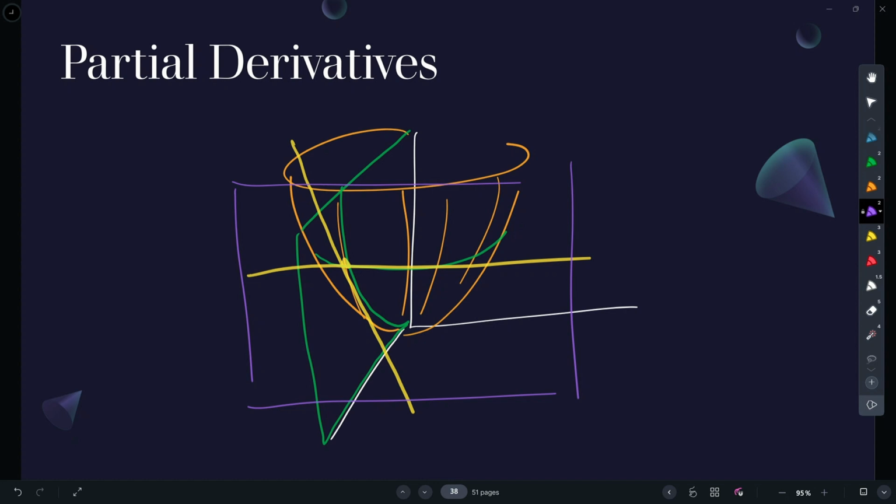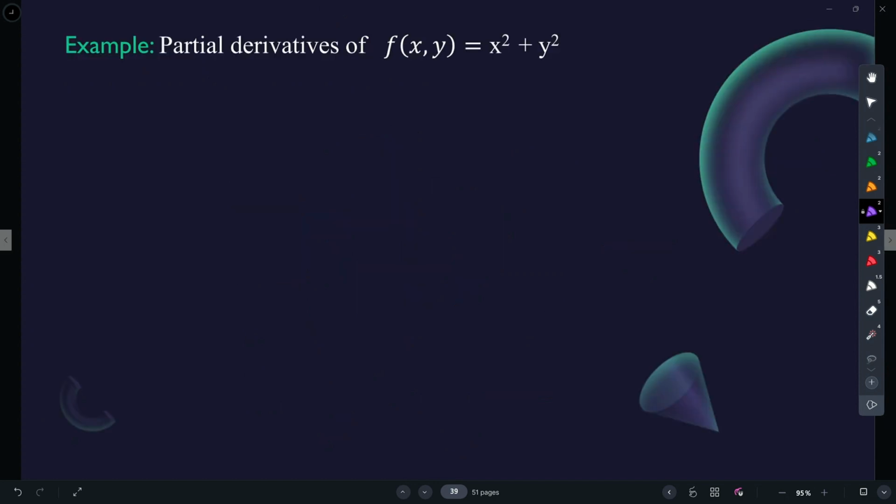And those two lines actually define a third plane, which is going to be the tangent plane. But what I want in particular are the slopes of those lines. And those slopes are going to be our partial derivatives. Okay? So what are the partial derivatives in this very case?